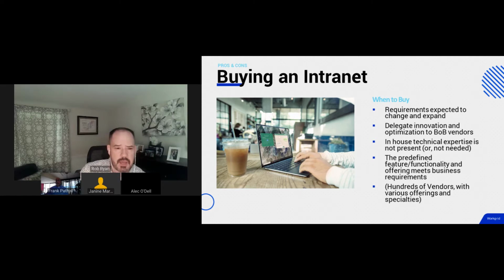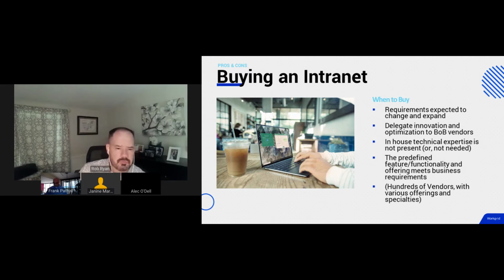So you should look to buy when you know your requirements are going to change. This is especially true for innovative organizations, as they evolve their digital business transformation efforts, it will be reflected in some way in your intranet. Off-the-shelf vendors provide the innovation, the roadmap, the feature functionality that can be cutting edge, or at least cutting edge for intranets.